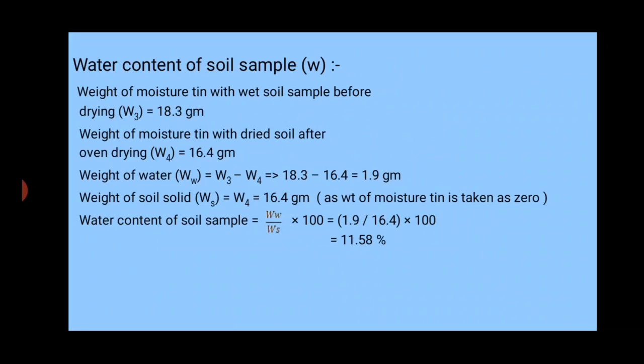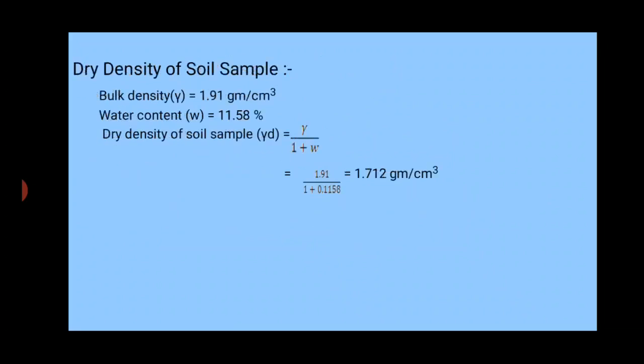Then the weight of soil solid is equal to W4 only, that is 16.4 gram, as we have already made the weight of the moisture tin 0 in the weighing balance. Then the water content of the soil sample is calculated as weight of water divided by weight of solid into 100, that is equal to 11.58%. So the water content of the soil sample is 11.58%.